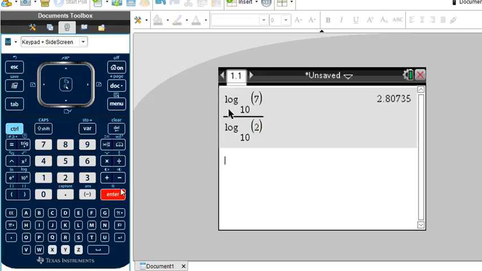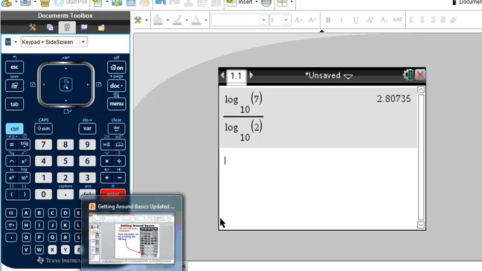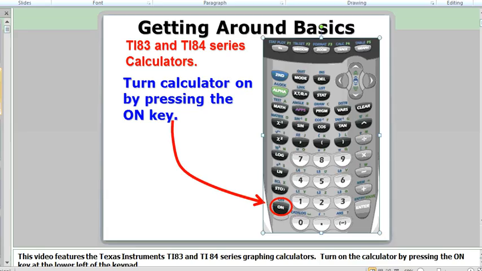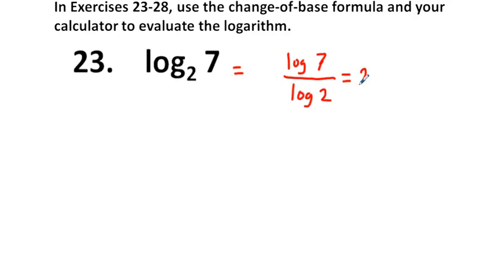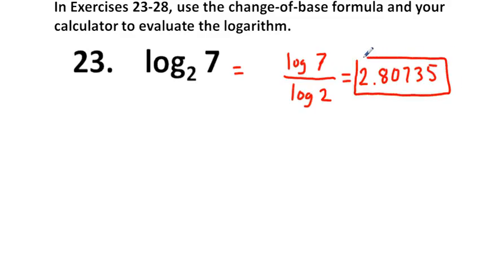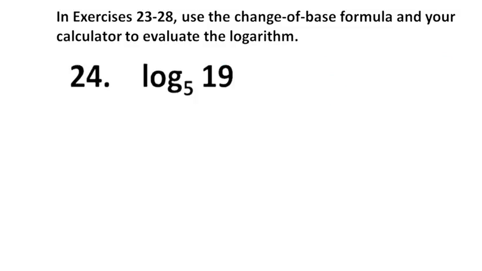And for that we get the value 2.80735. That'd be to 5 decimal places using our calculator.